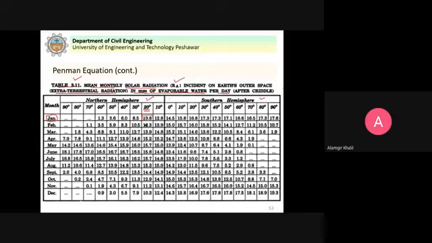This value we pick. This is RA, mean monthly solar radiation, in millimeter of evaporable water per day, 10.8.